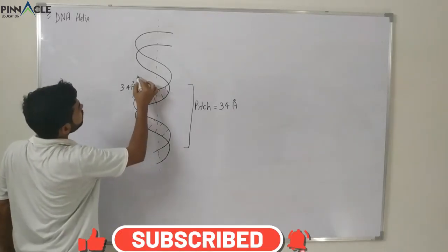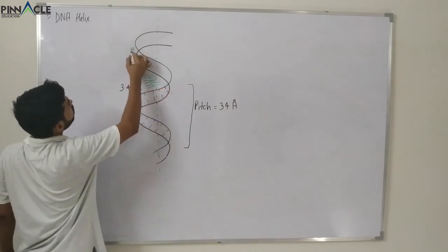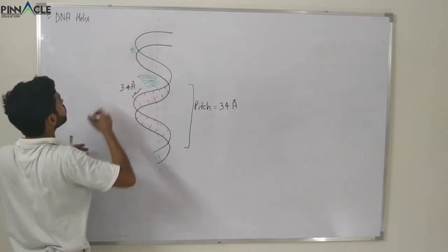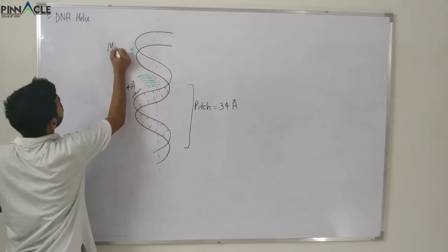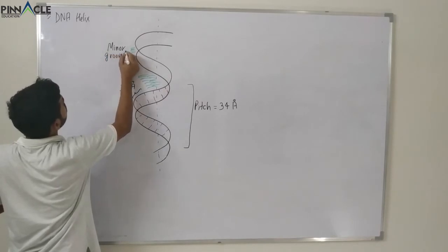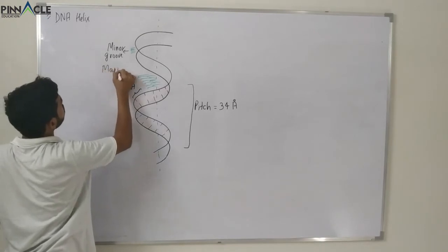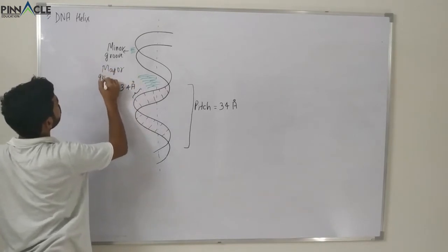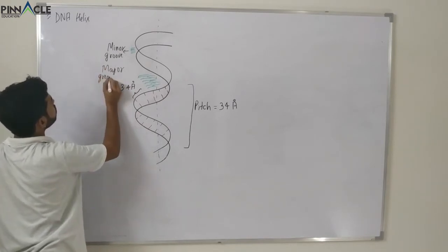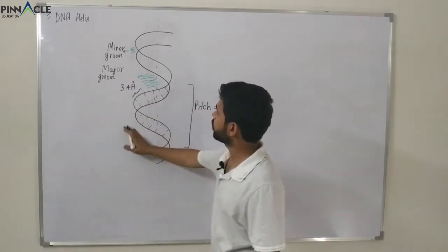So this area that we are seeing with green color, this is a groove and this is also a groove. So this one is called a minor groove. And this is a major groove. Apart from that, we also have to understand the thickness of this strand.